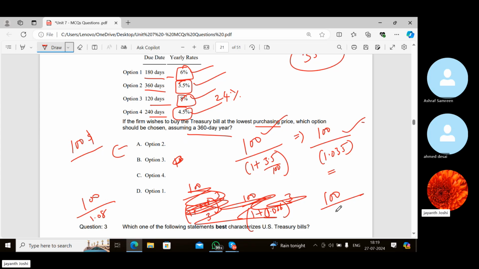Option 4. 180 days, 6%. 12. So 12 by 100.